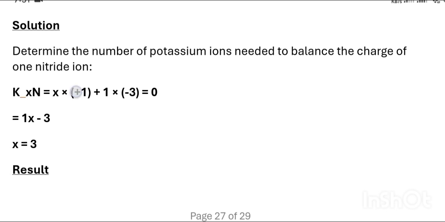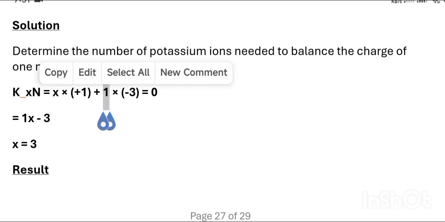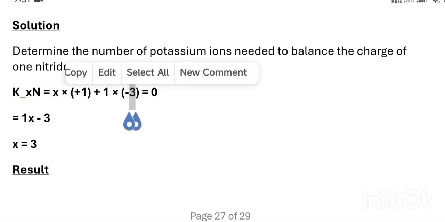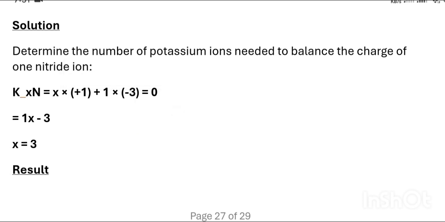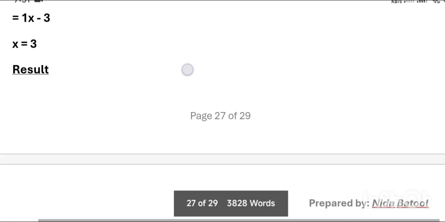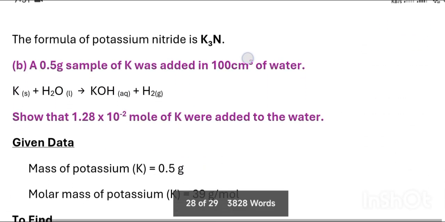So x will be multiplied by +1 because it is the charge of potassium, plus 1 atom of nitrogen is here, so we will write +1 and multiply it with -3, which is the charge of nitrogen, so it will become -3. Overall, by solving and simplifying the equation, it will become 1x plus 1 into -3 equals 0, so x equals 3. So the value of x is 3. We can write K3, and N has no subscript, so the result will become K3N.